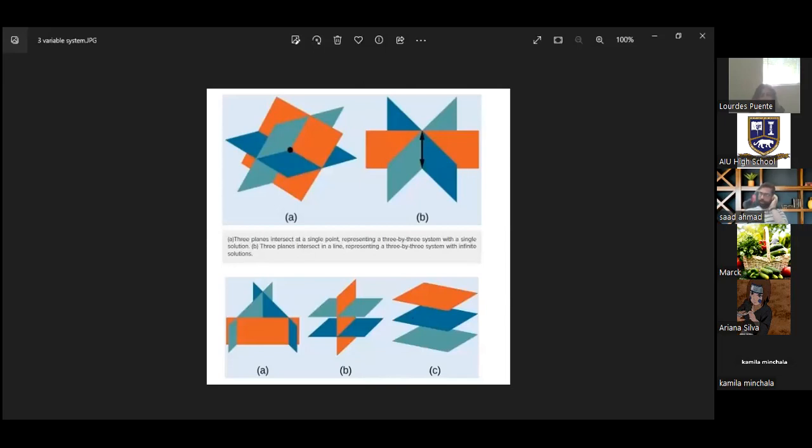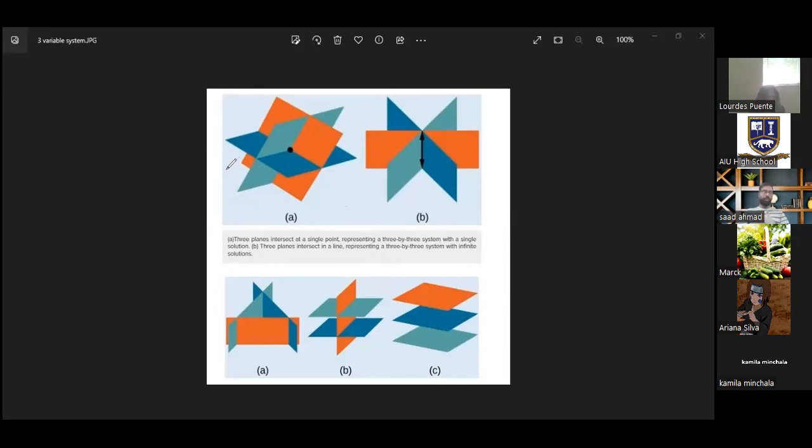Now let's say we have planes, all right? Instead of lines, we have planes. Let me show you how they look. If you can see here, we do not have lines, but we have planes.